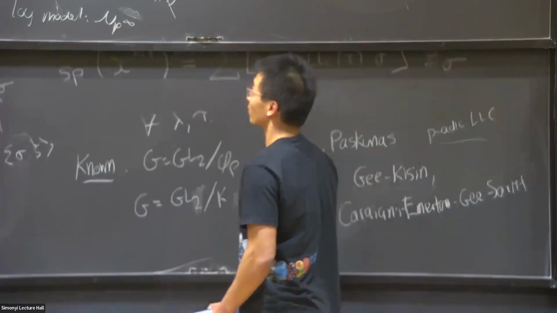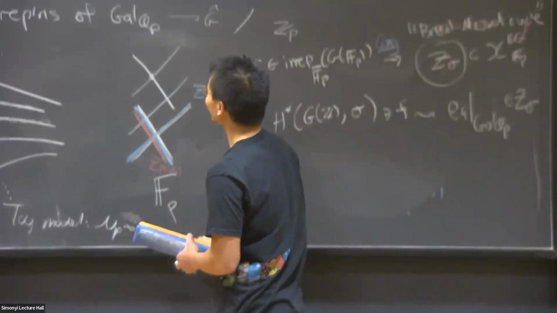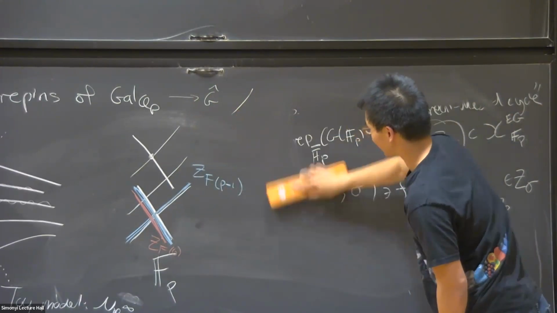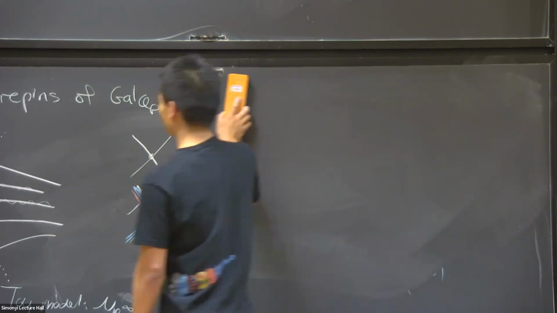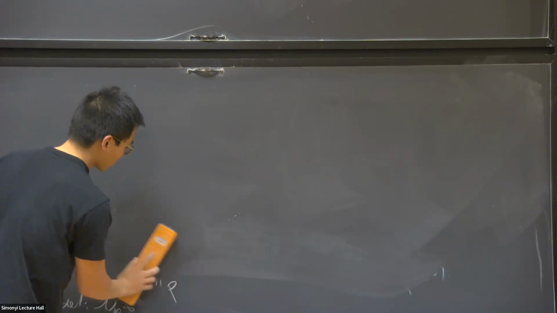Okay, so it turns out that when n is bigger than 2, the problem is somehow much more complicated. There's some kind of real phase transition when n is bigger than 2.